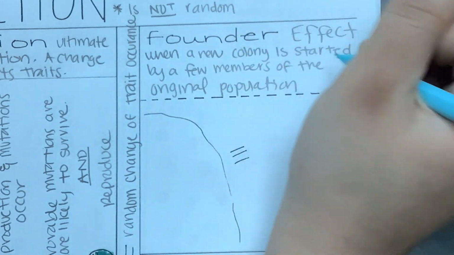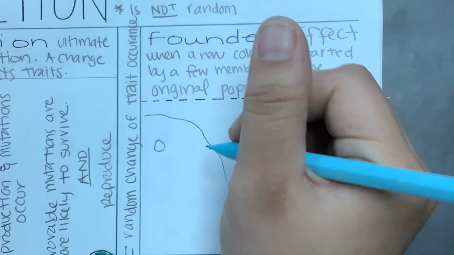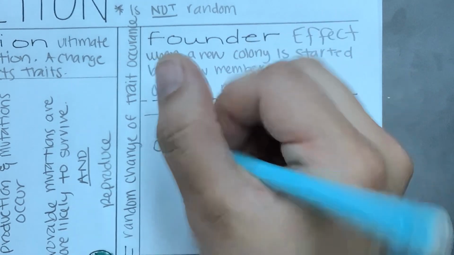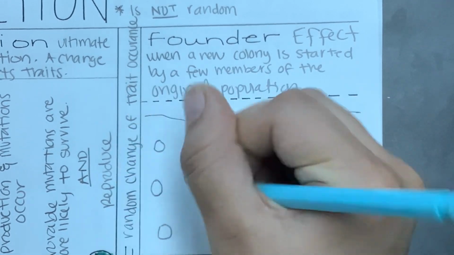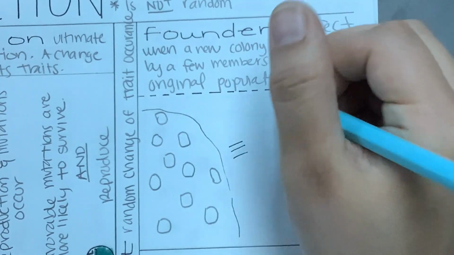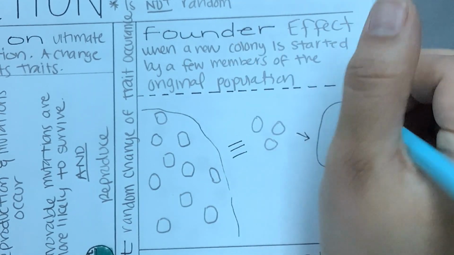So again, going back to our ladybugs, let's go ahead and draw a couple of them. I'm only going to draw, let's see, 10. So just make yourself 10 circles. And then let's make 3 here. And let's make 4 here.